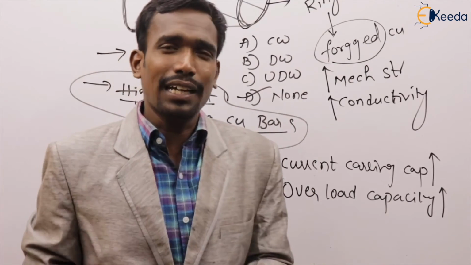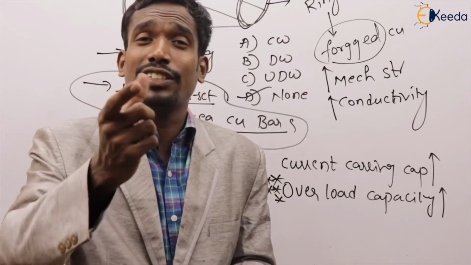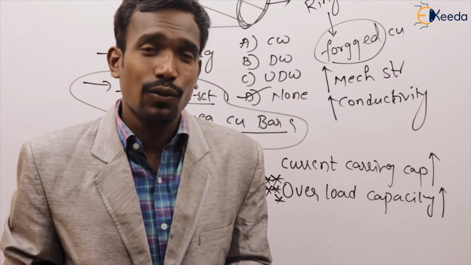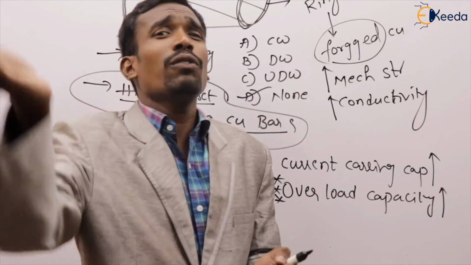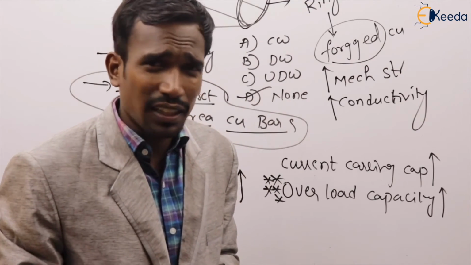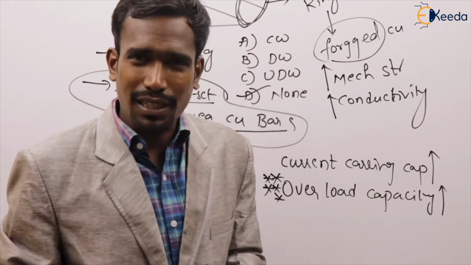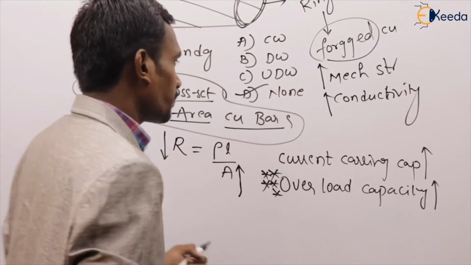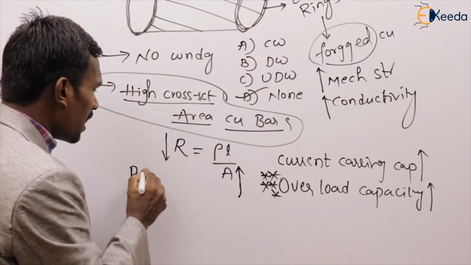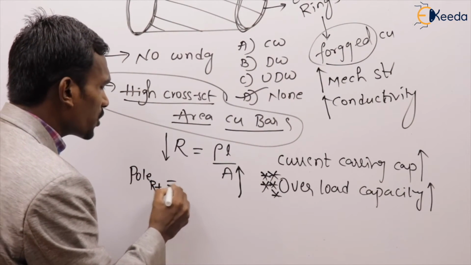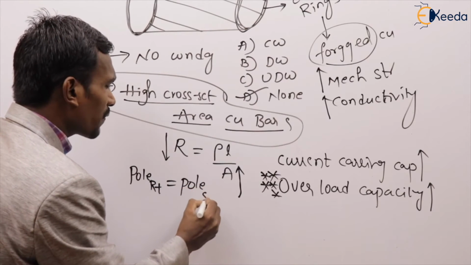Now, can you tell me what the applications of the squirrel cage induction machine are? Generally, it is used for high overload capacity applications. Next, here also the poles of the rotor motion should equal the poles of the stator.